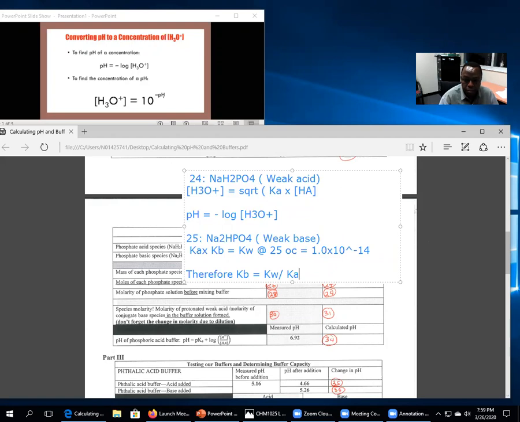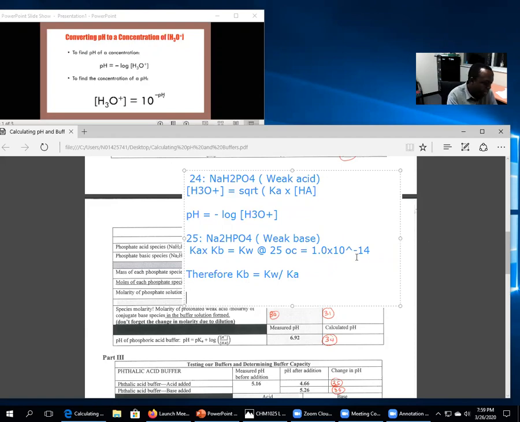So that once you have this Kb, we will now talk about the hydroxide concentration. The hydroxide concentration is given by the square root of Kb times the concentration of the base.